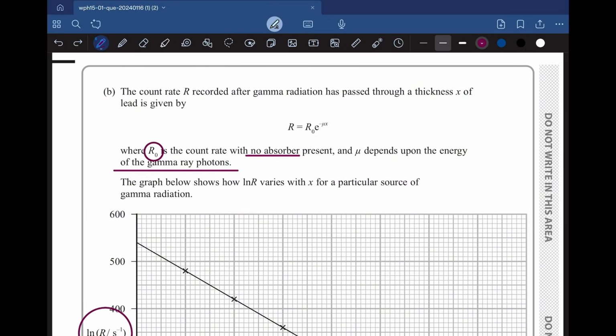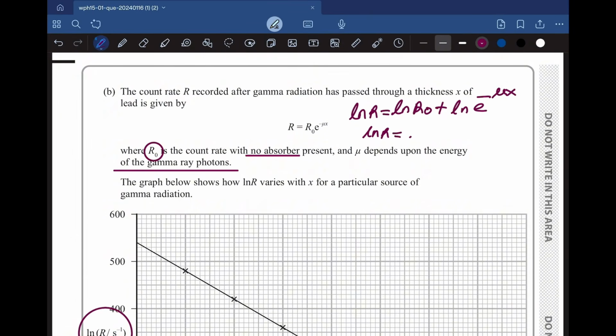So now let's do it right here. ln r equals ln r naught plus ln e to the power of minus mu x. When r naught and e to the power of minus mu x are multiplied, in the ln function we can add them, that's why we have written plus right here. We know ln e gets cancelled, ln e is equal to one.